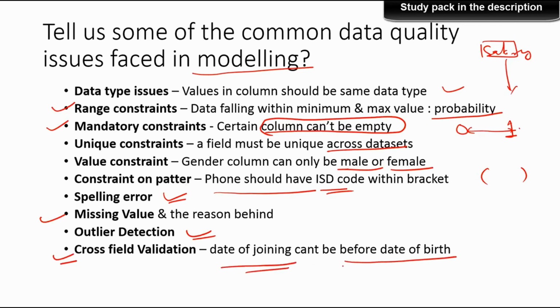Or the date of a patient's discharge from hospital cannot be before the date of his admission to the hospital. So these are very small checks, but because of erroneous data, or data received from wrong resources, you might find such issues, and ensure that all these issues have been taken care of before you start building models.